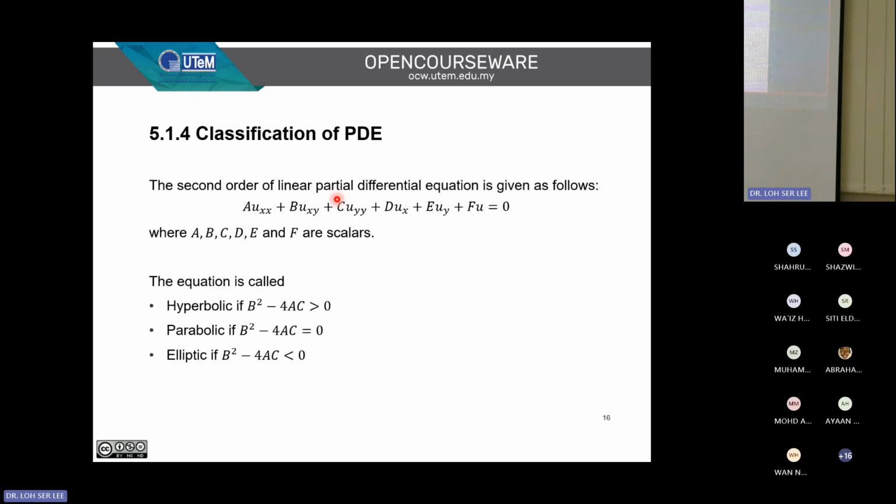Your A and C can be either way. It doesn't matter, as long as they are the repeated xx or yy. No matter which one is A or which one is C, because A times C is the same as C times A. No difference. So first, identify B and then find A and C.